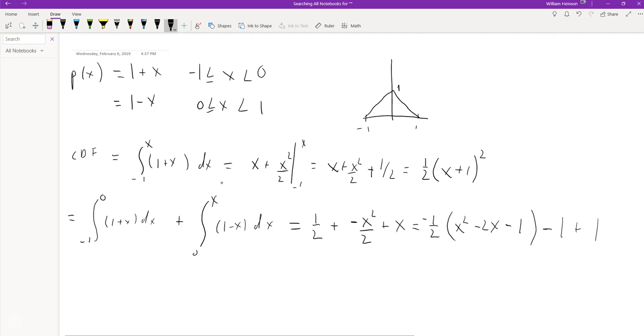This -1 comes in here, that makes that +2, which makes x squared minus 2x. You're adding 2 to this, so we make that +1, +1, which equals 1 minus a half times (x minus 1) squared.